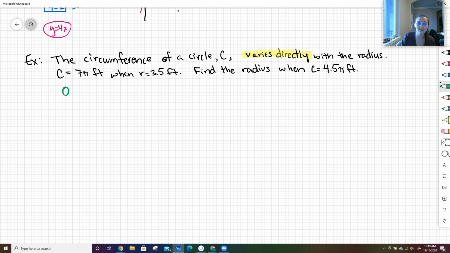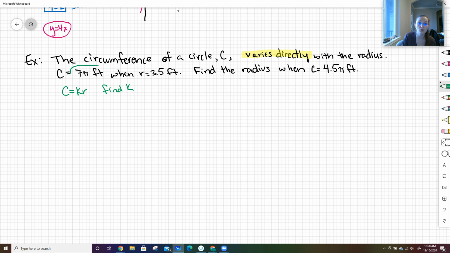So C equals kr because it's the circumference varying with the radius. Well, we need to find k. So plug in what we know.